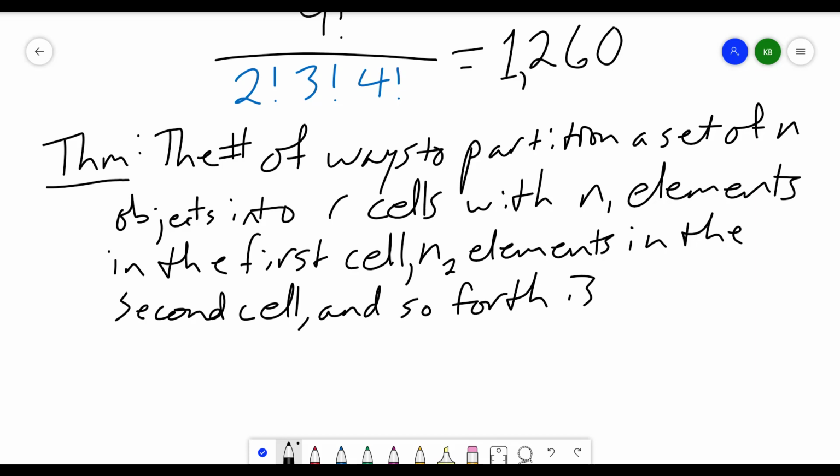So we have n factorial divided by n sub 1 factorial, n sub 2 factorial, and so forth until we get to n sub r factorial.